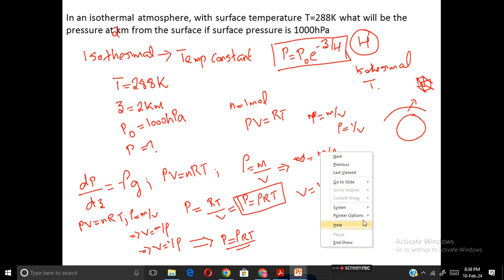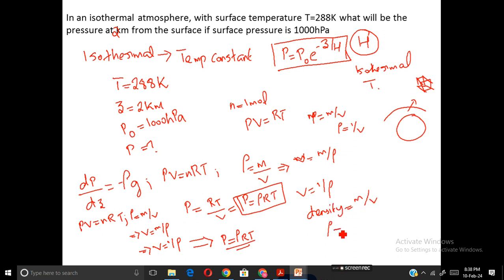So basically you know that the density is mass by volume, rho is equal to m by v. If we are considering a unit mass of an air parcel, suppose m is equal to 1 kilogram, then rho becomes 1 by v.